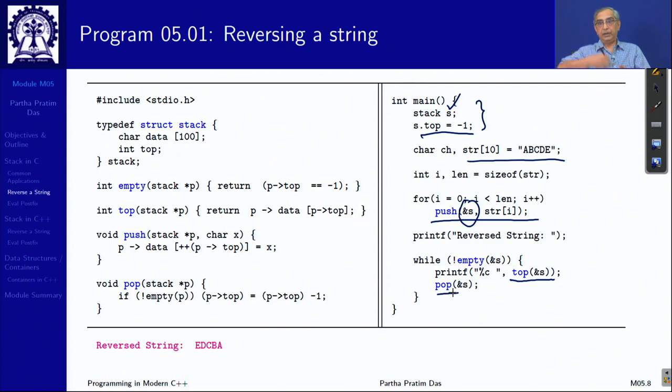So, I am taking out in the reverse order till the stack gets empty. Right. So, using these 4 functions, I can easily do this kind of programming, which I am sure most of you have done already. Now, let us see.